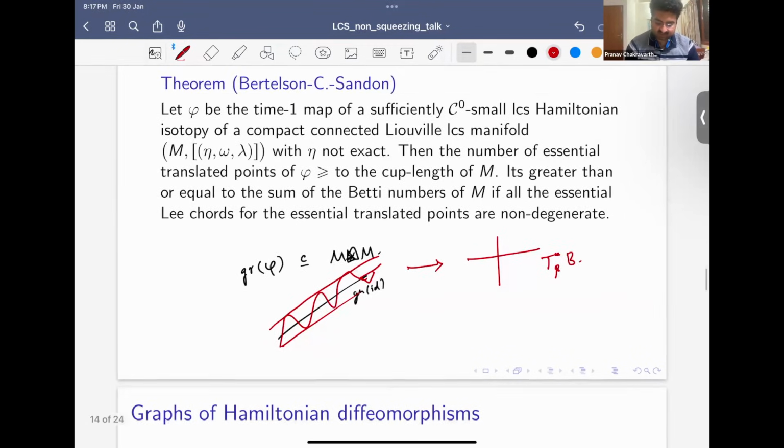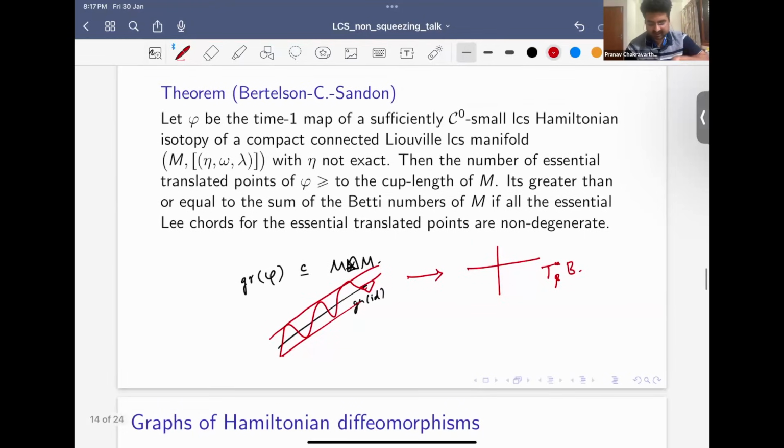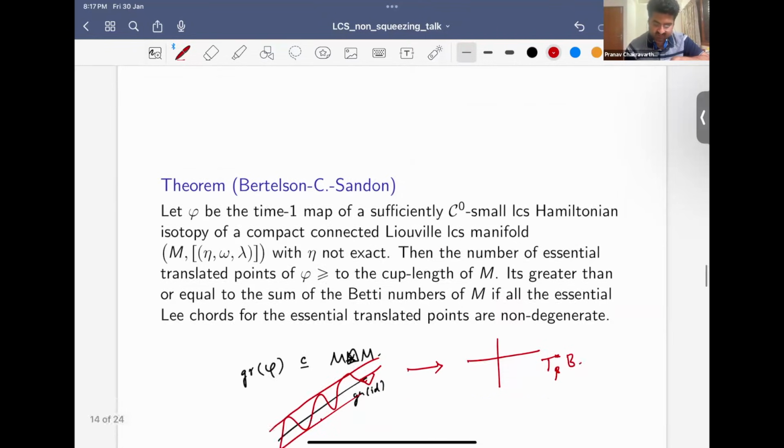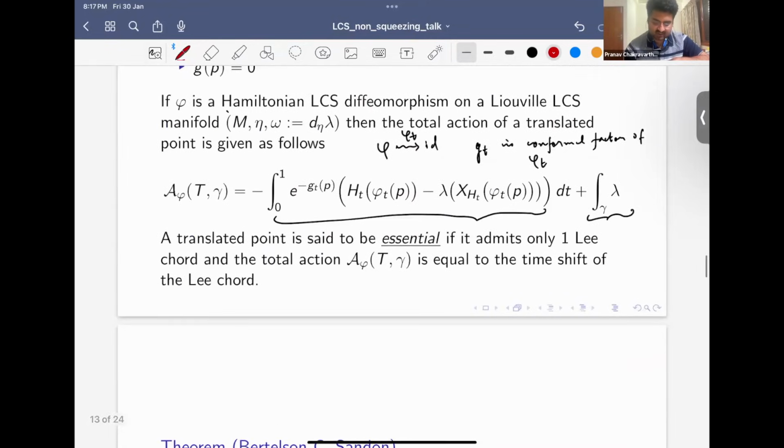However, you want essential translated points in this picture on the left to go to essential translated points on the right, which would mean that you want the actions to be preserved under this identification between the neighborhood of the graph of identity and the neighborhood of the zero section.